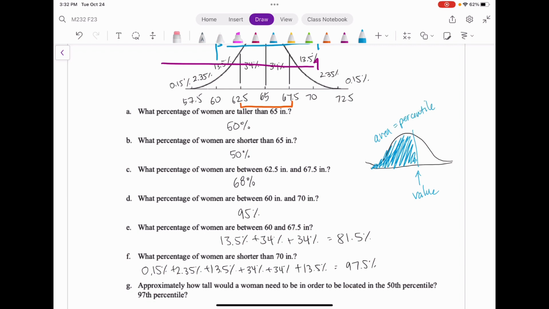The area is also your probability. So if we have 34%, it'd be the 34th percentile.